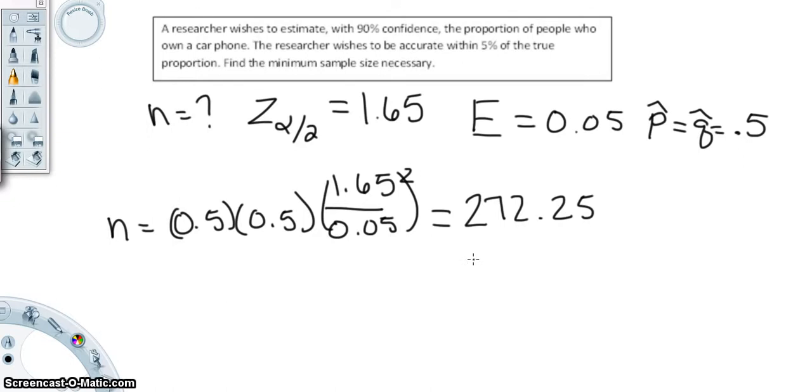So we round up, so you need 273 people to ask. That's what our sample size is.